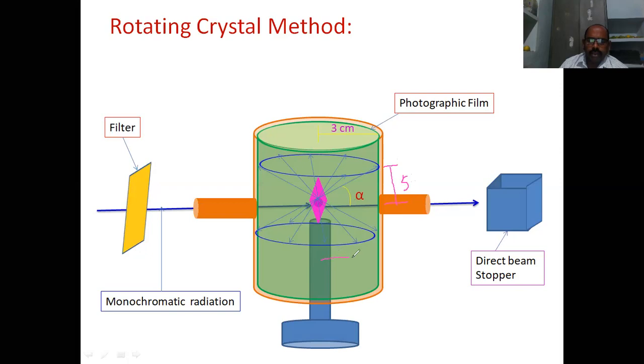Totally this distance is the radius of the camera, capital R. Now we have identified alpha. This is one right-angled triangle where we have 90 degrees. From this triangle, now we are observing.